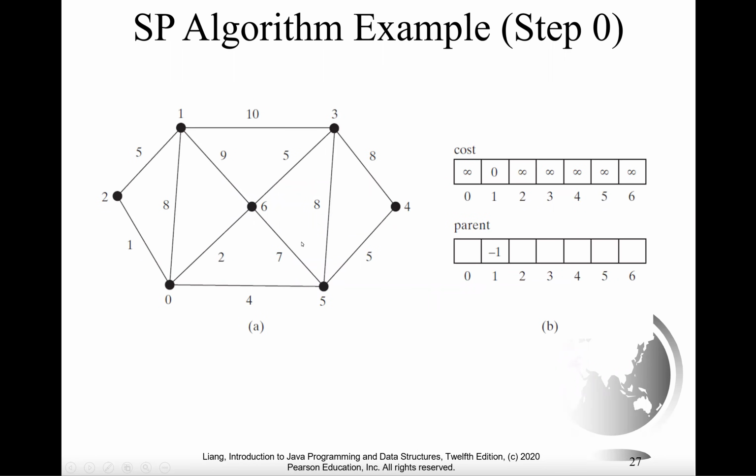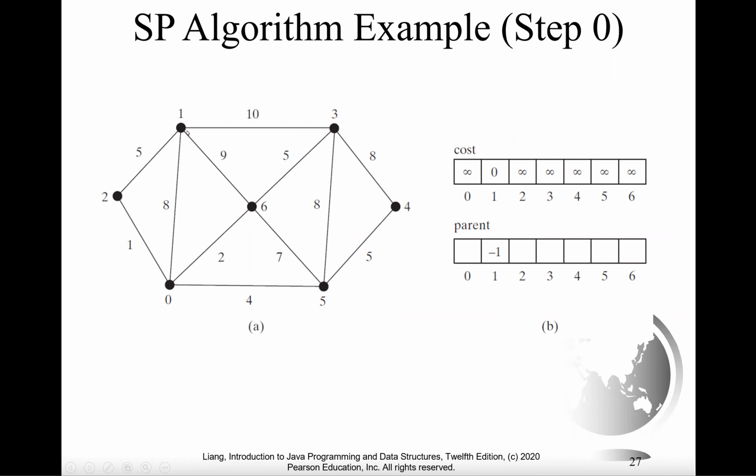Here's the example. I'm going to start from this vertex 1 as my source. So the cost for 1 is 0 and all the others are infinity. So the parent of 1 is -1, indicating it's a root in the shortest path tree.